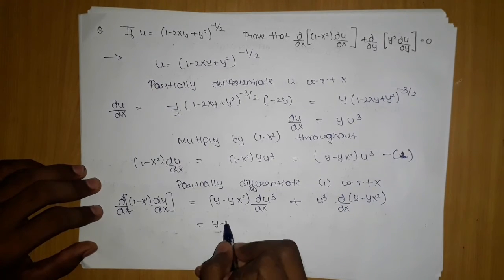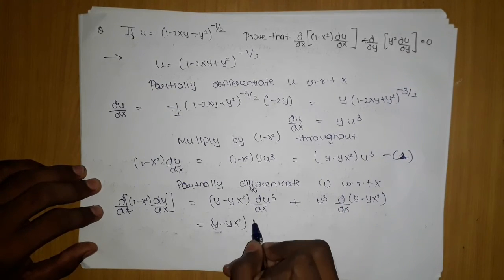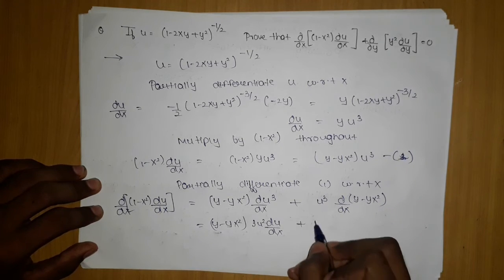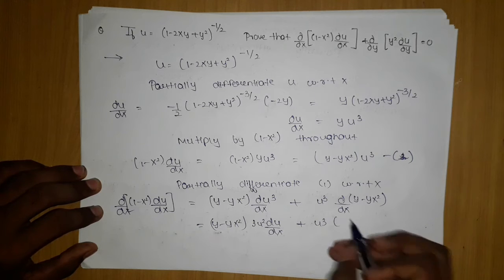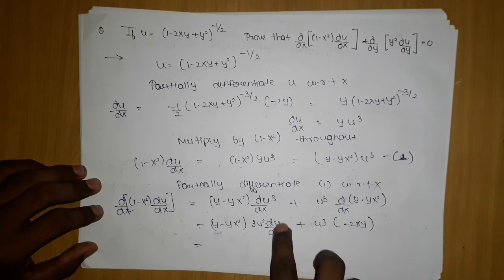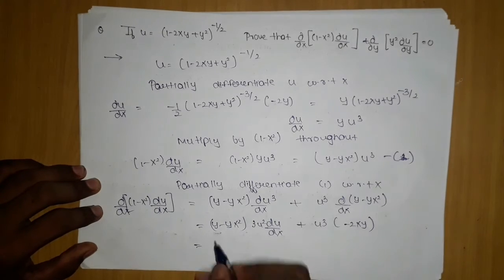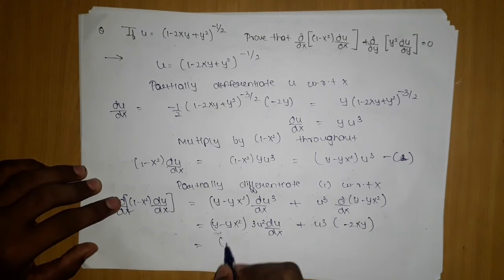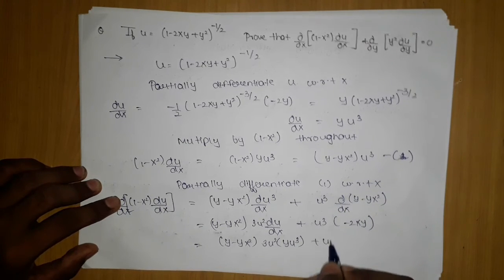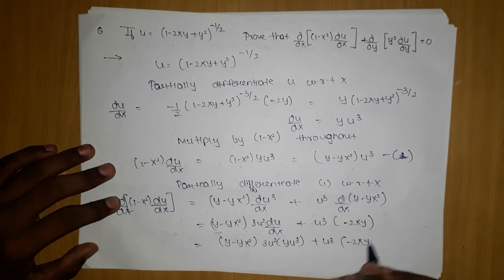If you observe, what I'm going to get is this stuff, 3u² ∂u/∂x. Further on, here u³ will become 0, and this will become −2xy. Further on, we will substitute this value from here, which will give me (y − yx²) 3u² (y u³) + u³ (−2xy).